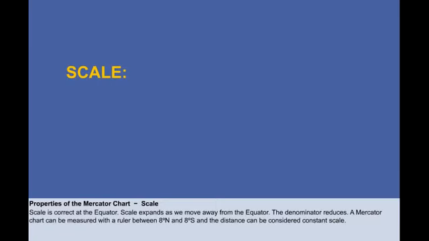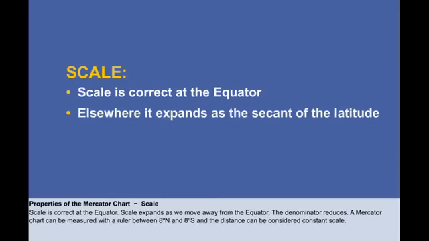So, to summarize, Mercator scale is correct at the equator. Elsewhere, it expands as the secant of the latitude. It is within 1% of the equator scale between latitudes of 8 degrees north and 8 degrees south.